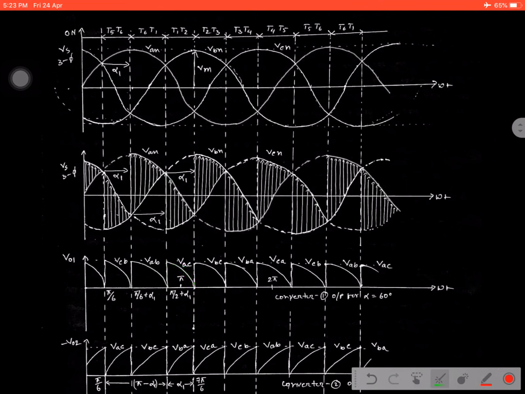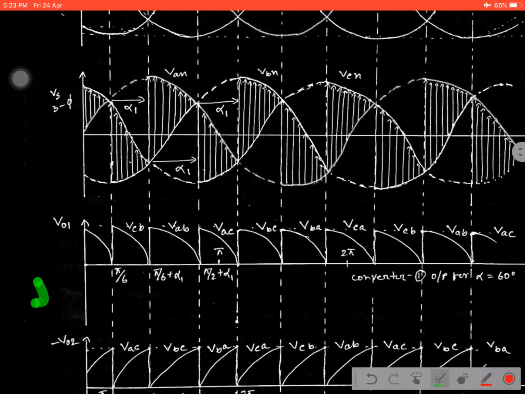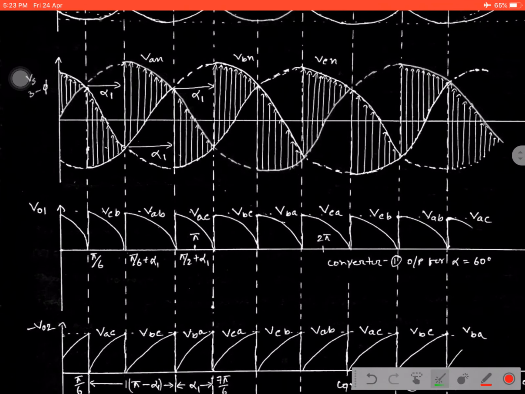From the circuit diagram we can easily say the first converter is useful only for which purpose? Only for the positive purpose, meaning positive peak. It is applicable only for the arrows which are given over here.